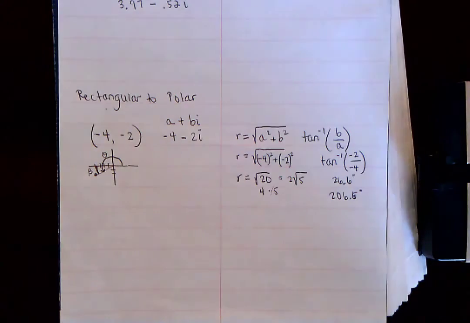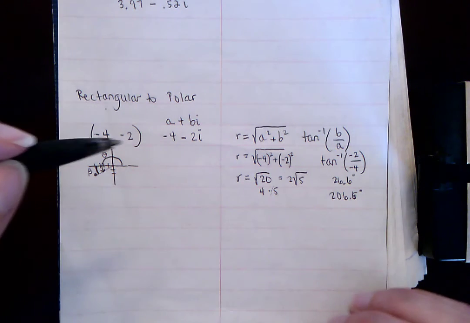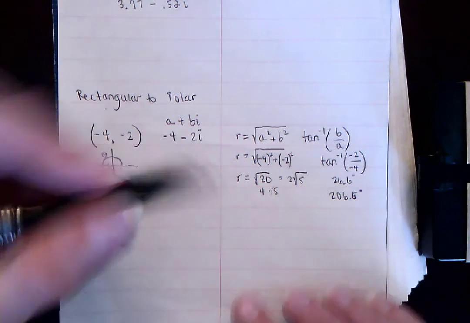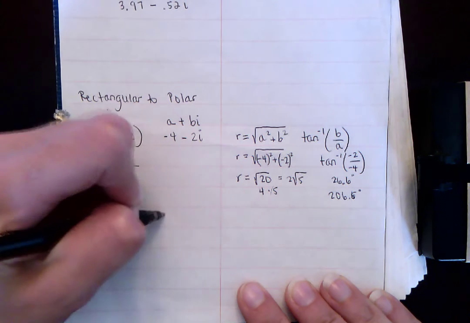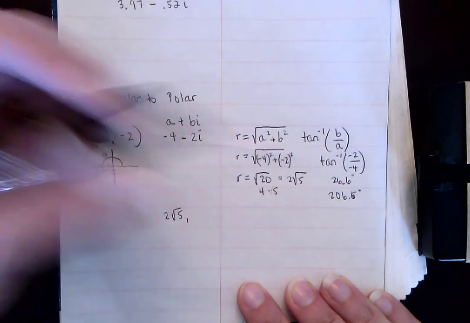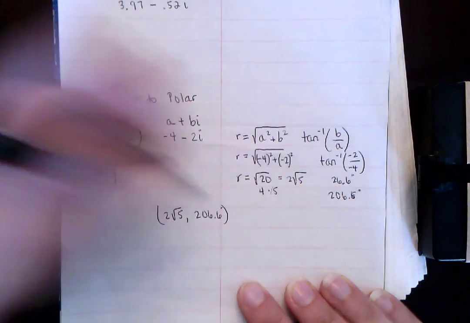Okay, so normally you would see your answer either in r theta, or you might see it in the complex form that we looked at that was a little more complicated. So 2 root 5, comma, 206.6 is one way to see it.